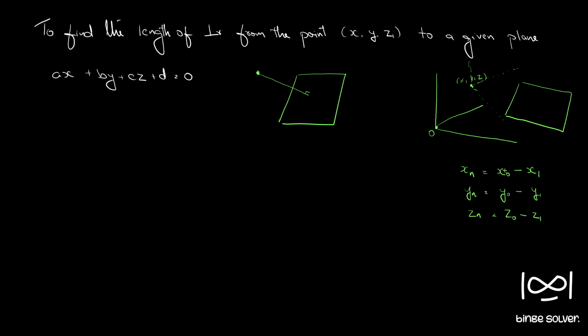If you apply this transformation, x1, y1, z1 becomes x1 minus x1 which is 0, y1 minus y1 which is 0, z1 minus z1 which is 0. So we will get this new point as the origin after the shift.